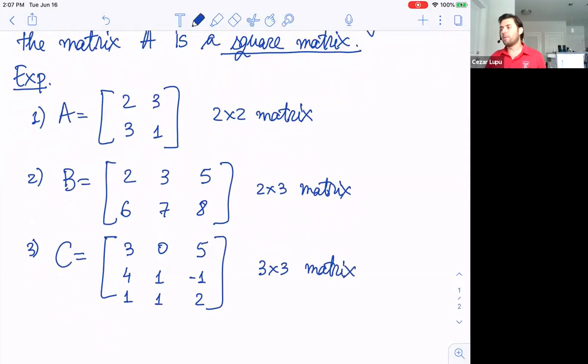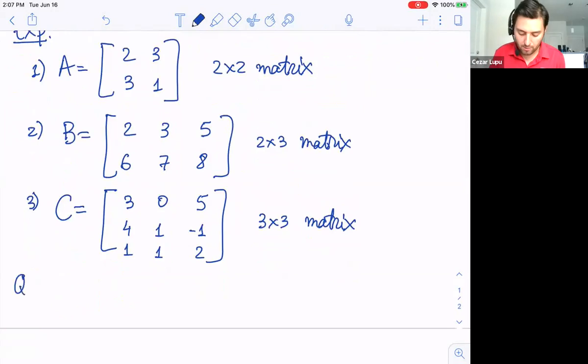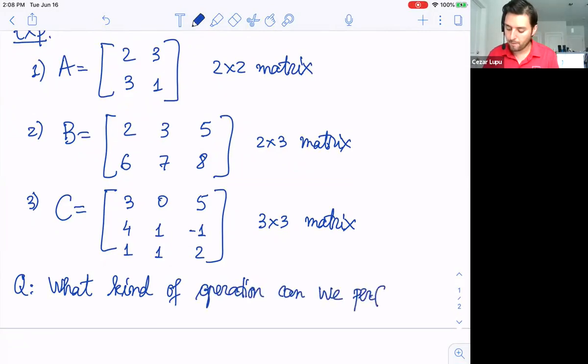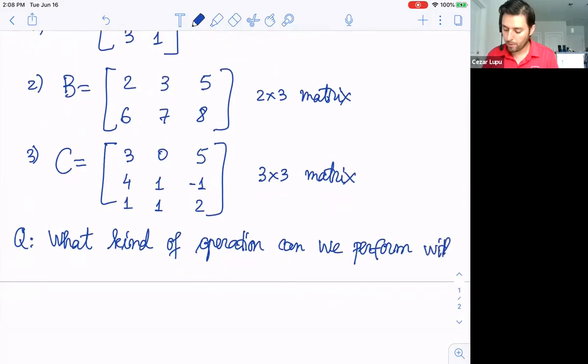Okay, so now the question we want to answer is what kind of operations can we perform with matrices?